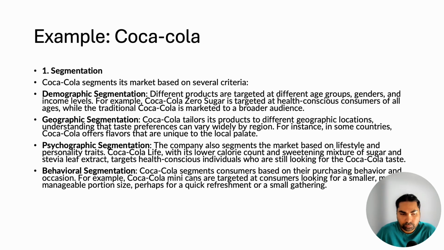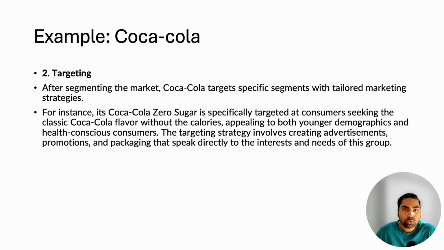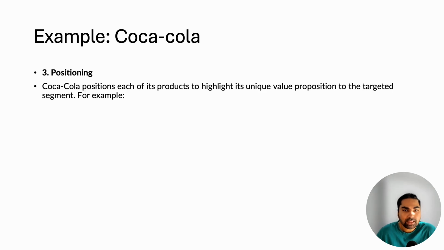Then, of course, they target these segments, and I've already talked about how they target these customers by coming up with different products for each segment. They do that a lot. And then they also do a lot of unique positioning.